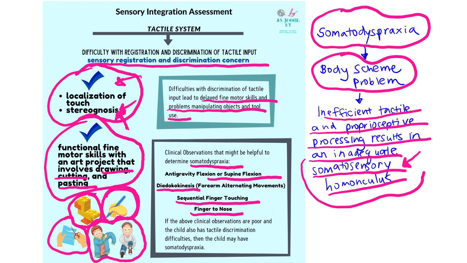It might be very deliberate too, where they're going to go slow and it takes them a lot of time to really touch their nose instead of just doing it automatically, right? Because once again, if you have an inadequate somatosensory homunculus, your ability to know where your body is isn't great, right? So it's just much slower, more deliberate, or just isn't smooth and fluid. So you're really looking at the quality of the actions.